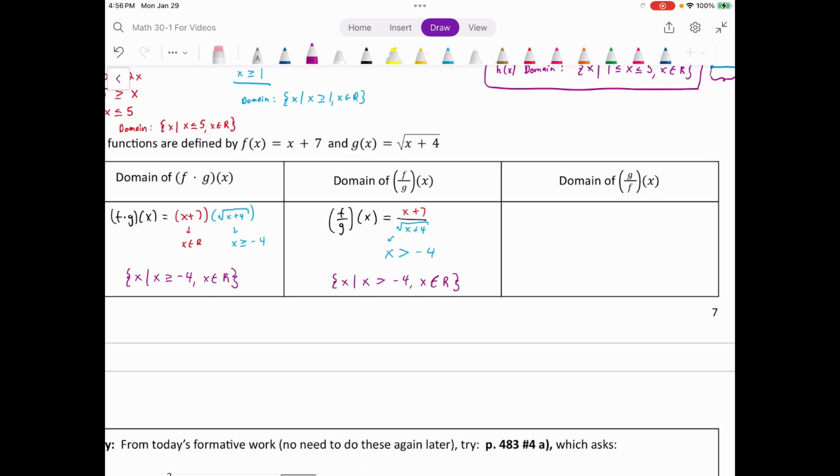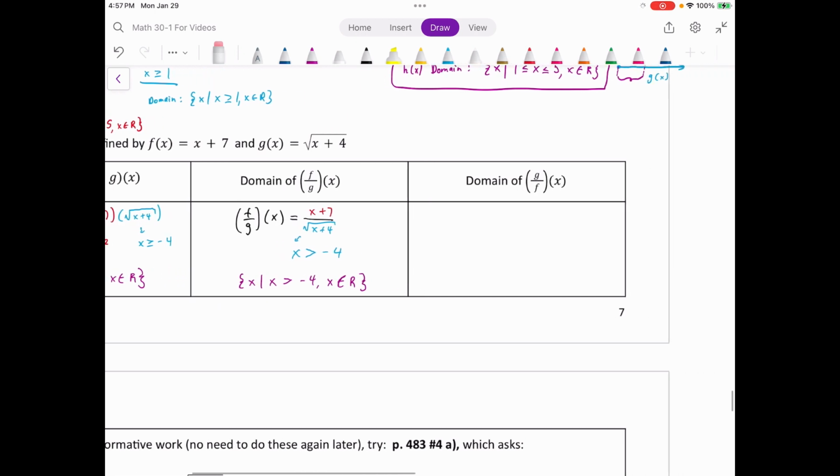Again, that's just because x plus 4 must be greater than or equal to 0, but also the square root of x plus 4 must be not equal to 0. That's just combining those two ideas. We need it to be positive because we're taking the square root of it, but we also need it to not equal 0 because we're dividing by it.